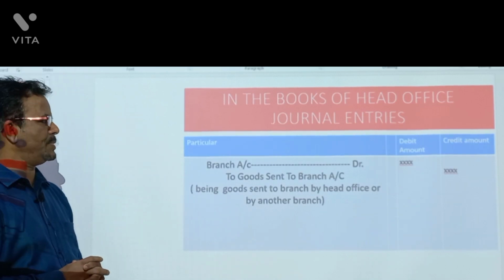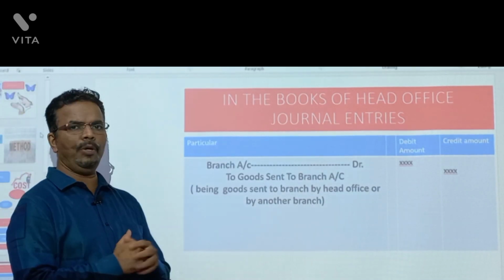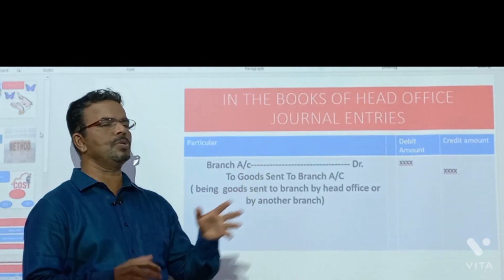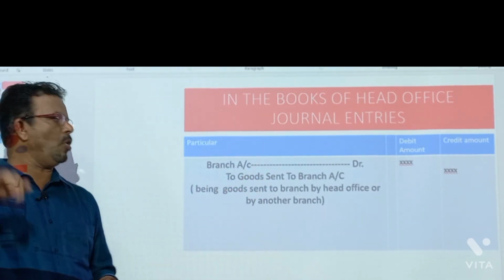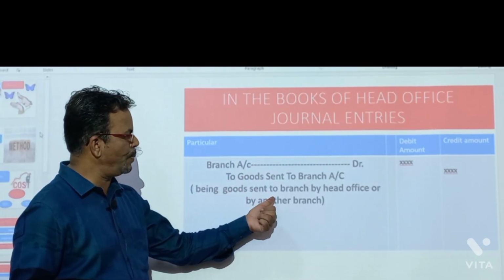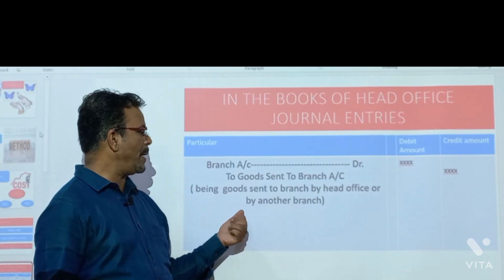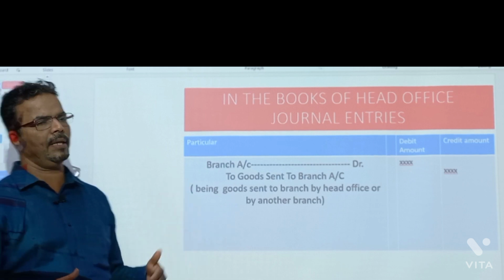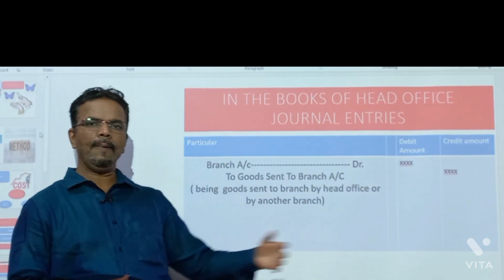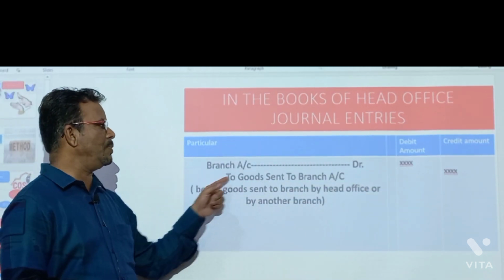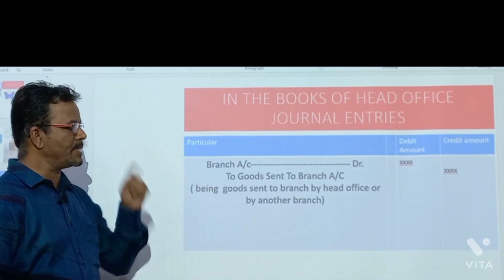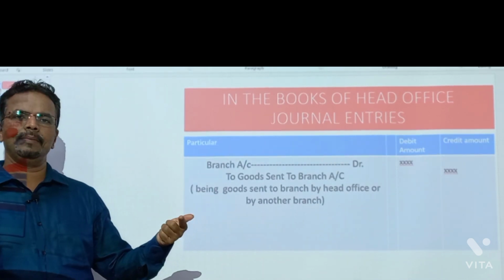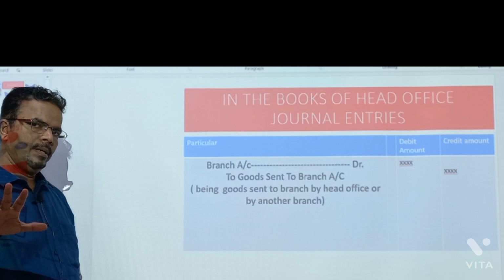First journal entry: Branch account debit, to Goods sent to branch account. For what? Goods sent to branch by HO or by another branch. In this case, HO has sent the goods to the branch. Branch is which account? Debtors account, and for a debtors account we debit the receiver and credit the giver.